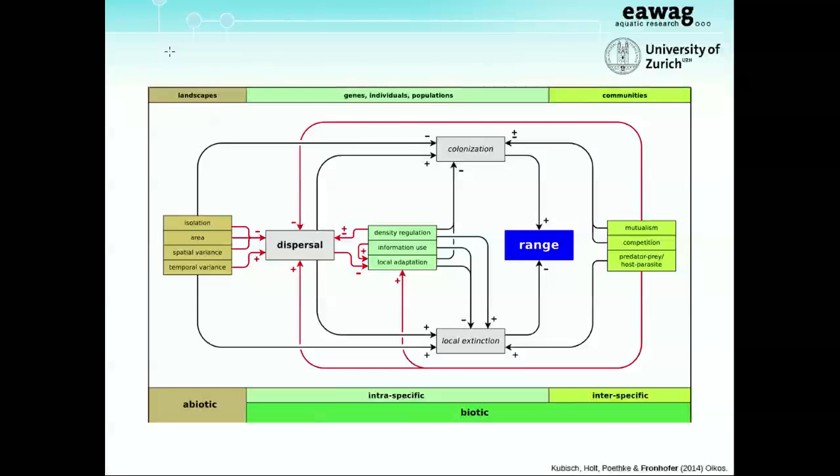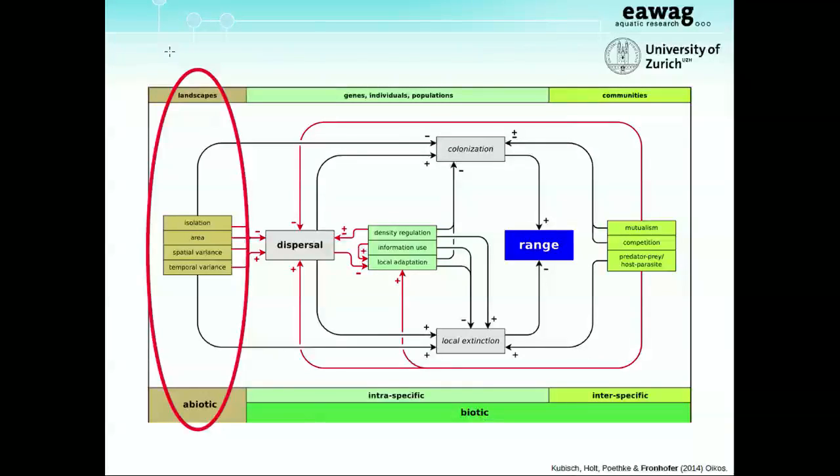You also see that there are black arrows, and those are ecological influences, and red arrows, and those are evolutionary influences. And so, quite clearly, if those two processes happen at similar timescales, we will have to deal with interactions of ecology and evolution, and maybe even feedbacks between ecology and evolution. So today, I'd like to focus on the left side and integrate one box from the center, which is information use, and I will explain to you why in a second.